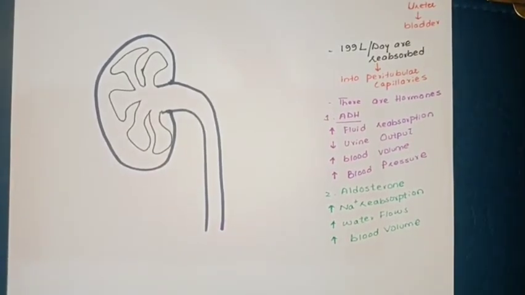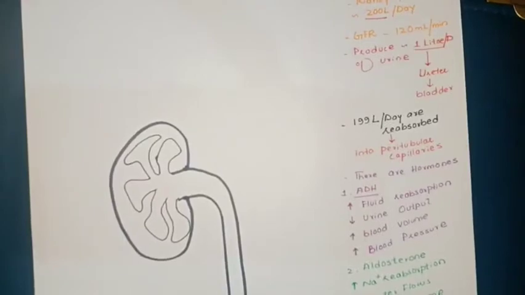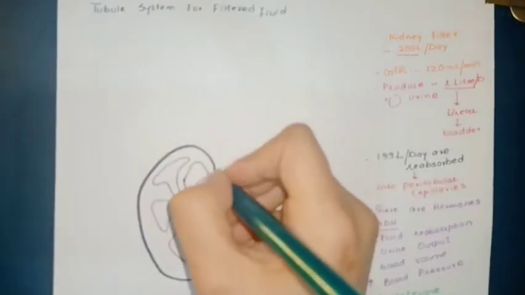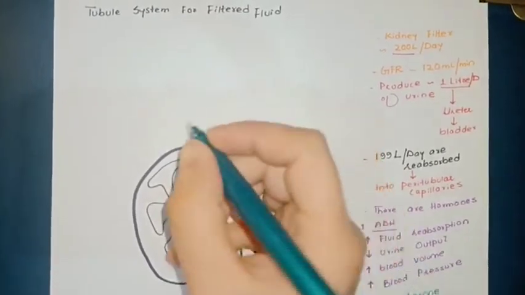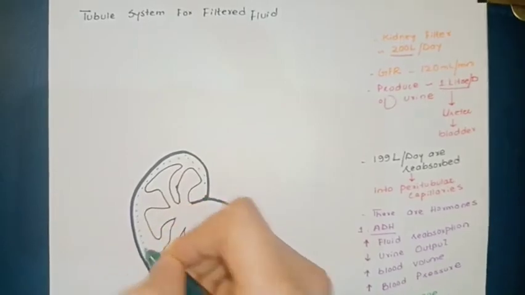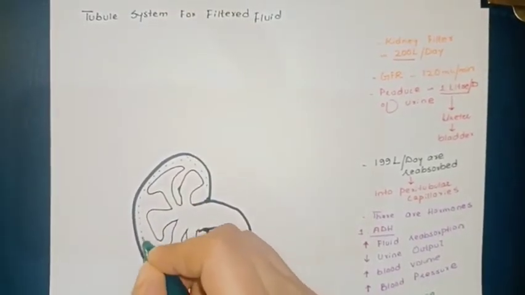Okay, now we can see the filtering structures. What is the filter of the kidneys? What does the kidney filter? These are the glomerulus capillary bed. Here in the cortex area there is a glomerular filtration bed.